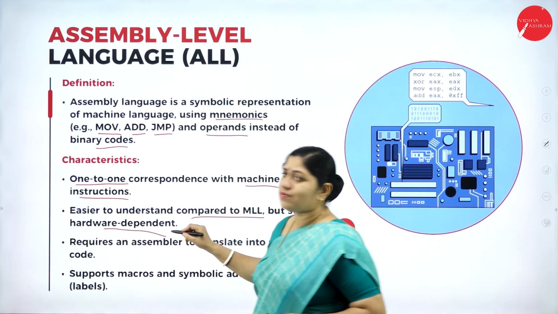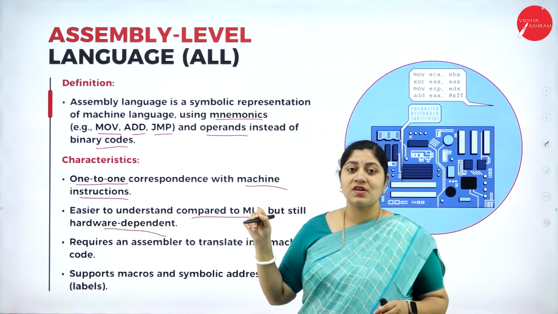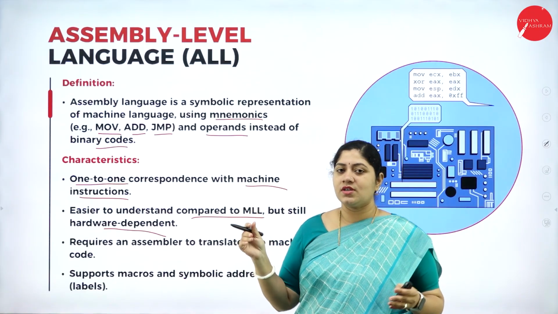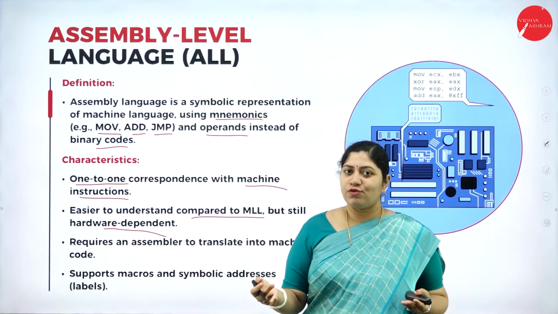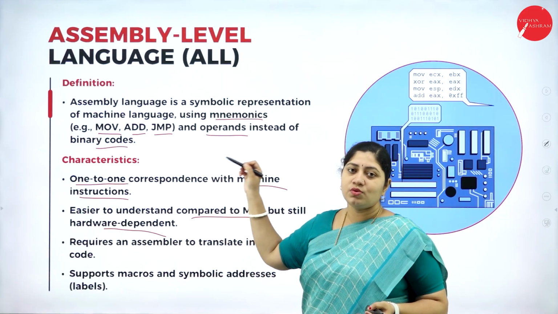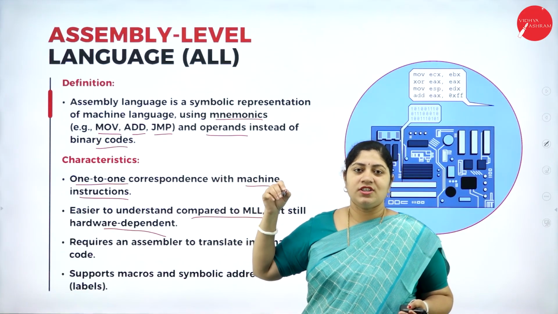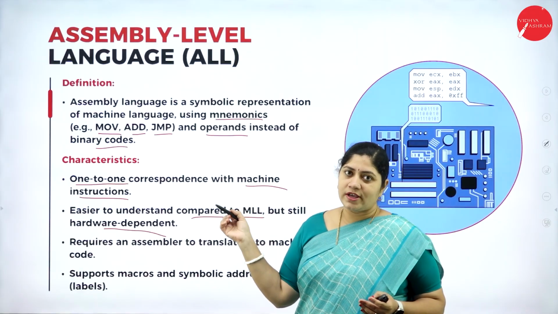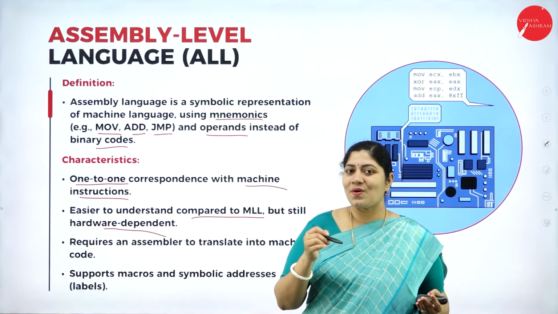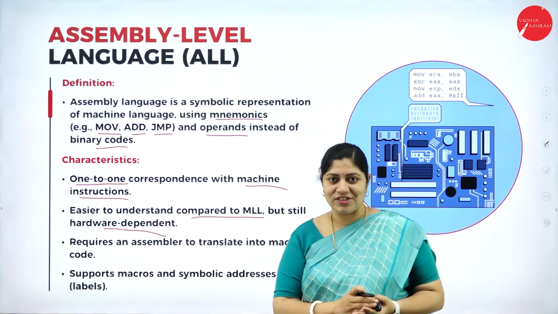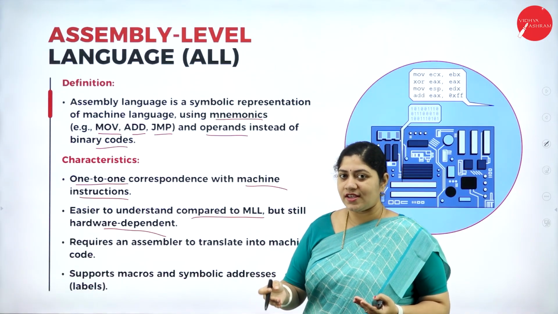So yes, it's far better compared to MLL, because in MLL we'll be using a set of zeros and ones, and over here we started with mnemonics like MOV for move, JMP for jump, and ADD for add. So these are a few examples. Looking at this, we can say yes, this is one of the easy to use languages, isn't it? Let's see what's the next characteristic.